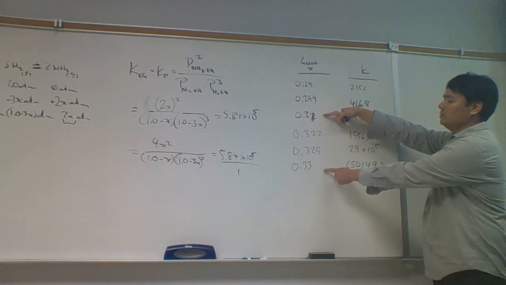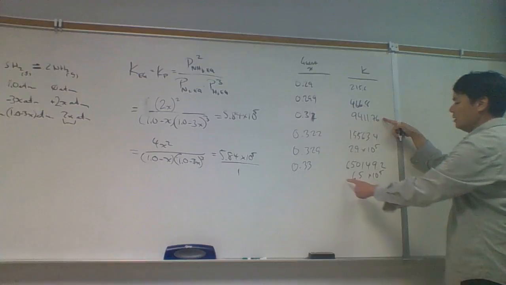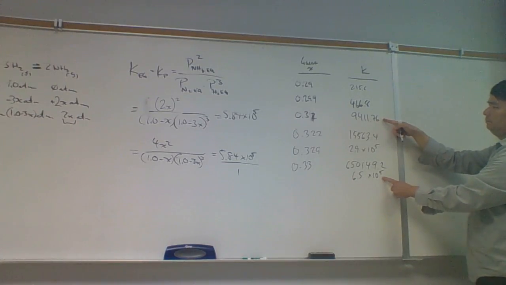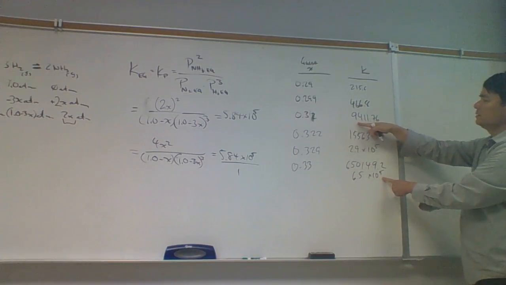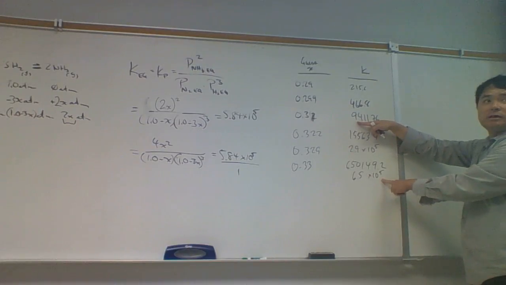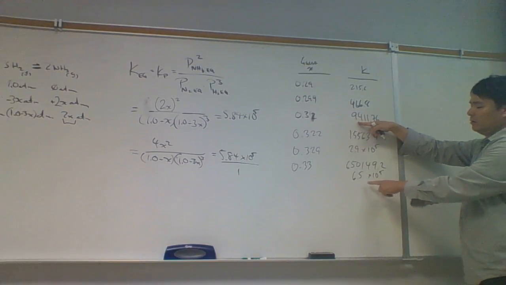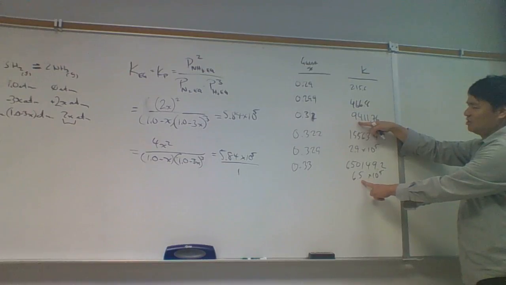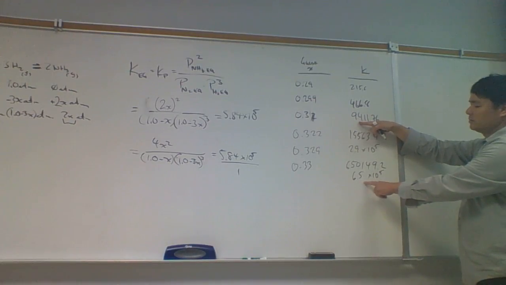Okay, then this is what I would do. I'd look at 0.32 and 0.33. At 0.32 we have about 1 times 10 to the 5th, and over here we have, let's say, 6.5 or 7. Let's go with 7.